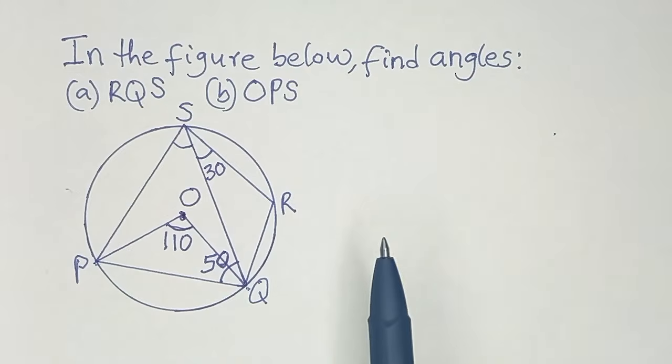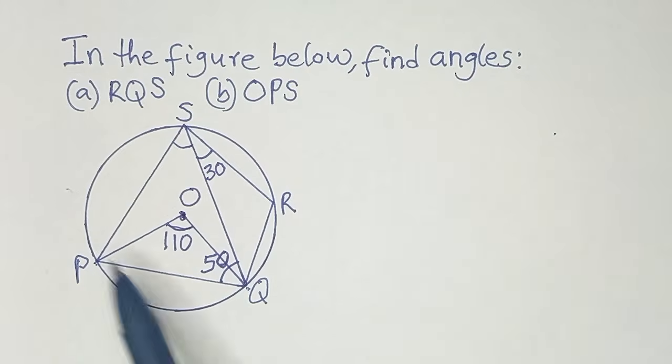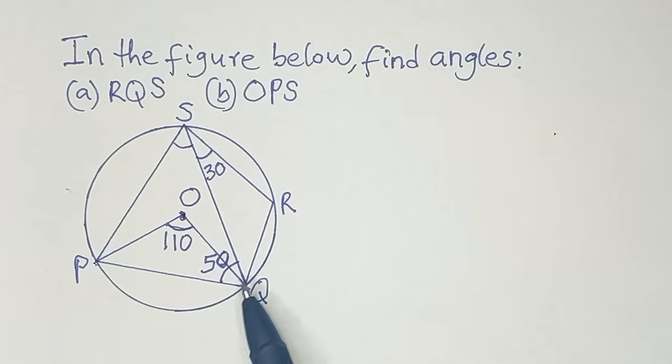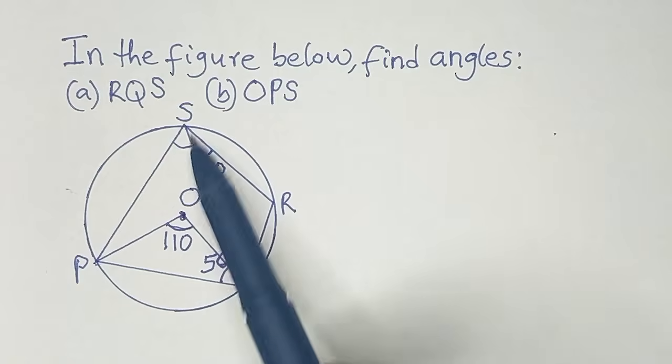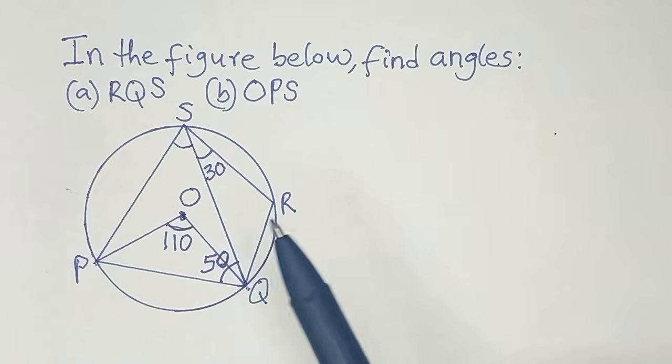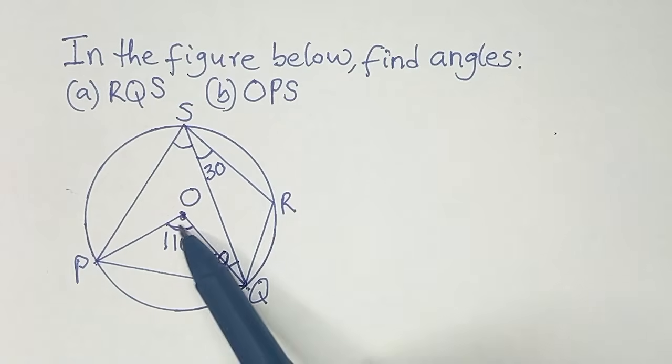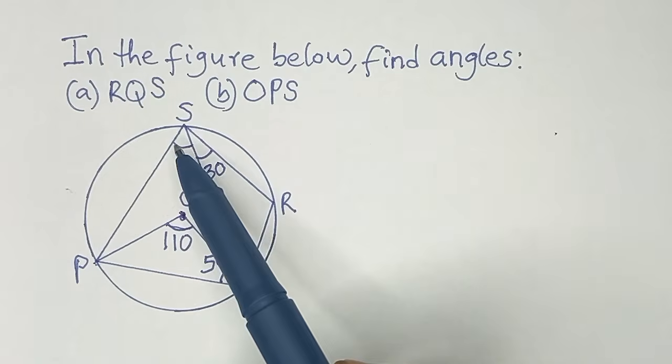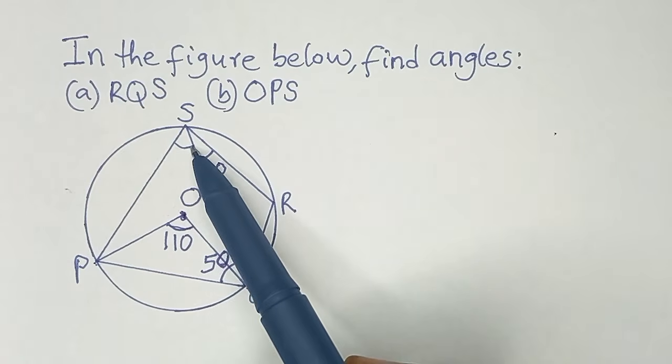So the theorem that should come to mind when you have lines coming from the same points, a pair to the center to form an angle, and another pair to the circumference to form an angle, is that the angle at the center is twice that at the circumference.